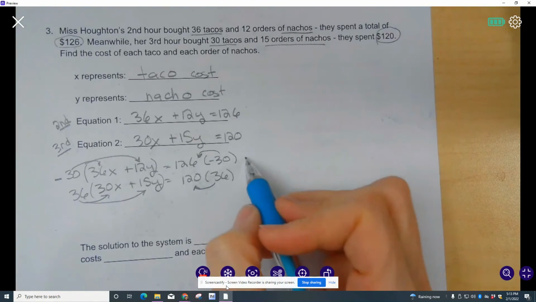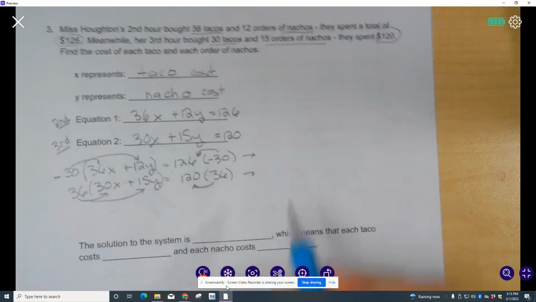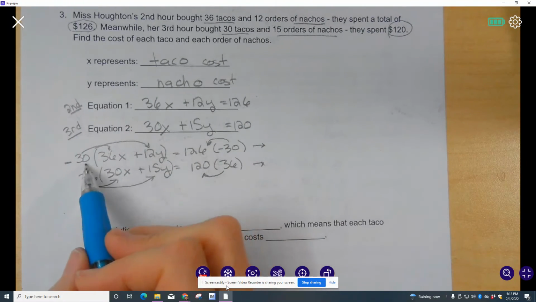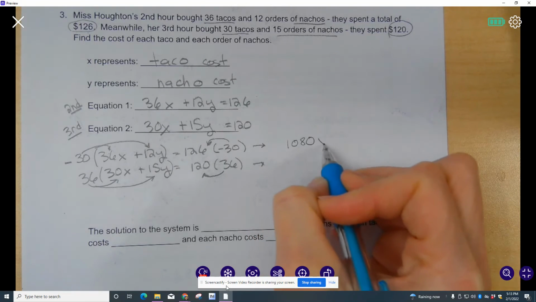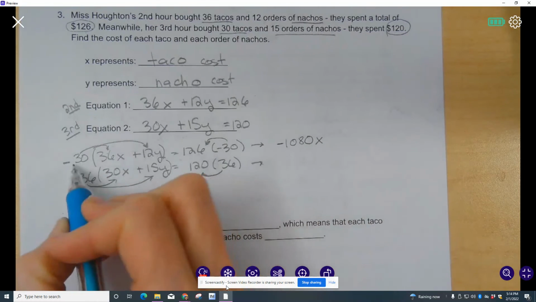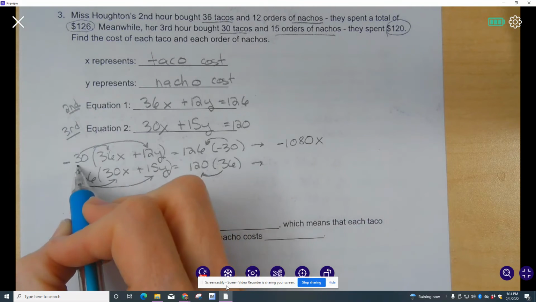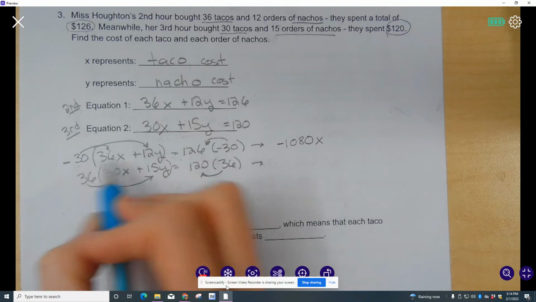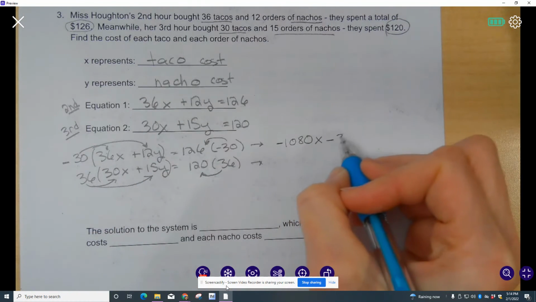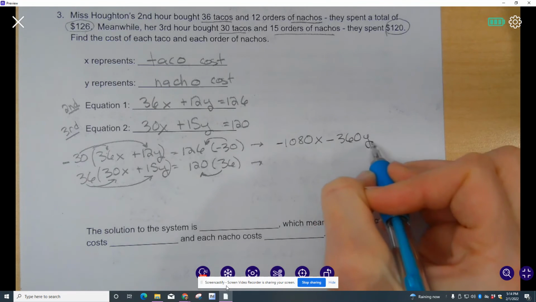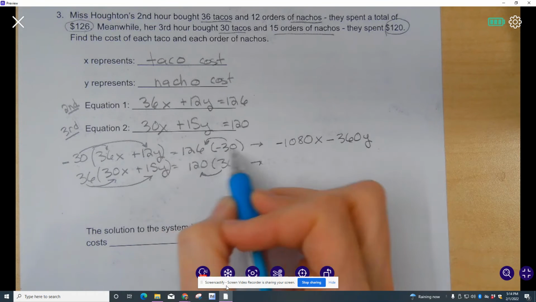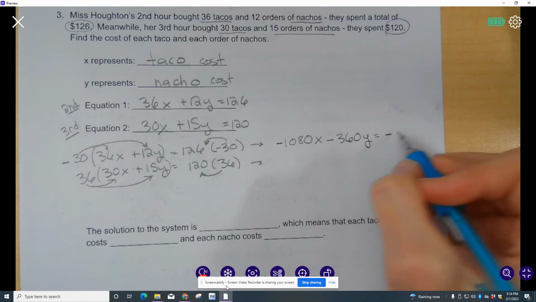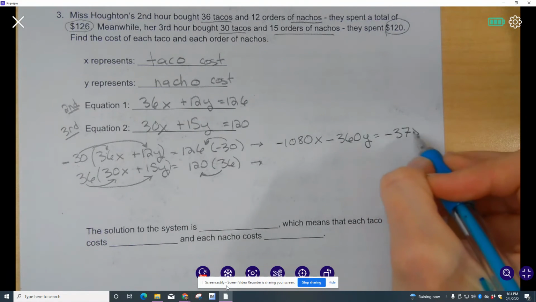Okay, so I'm going to do our two new equations over here on the right. 30 times 36 is 1,080 x, and that would be a negative because I have one negative and one positive. 30 times 12, one positive, one negative, is going to be negative 360 y. 30 times 126, again, one positive, one negative, is going to be 3,780.